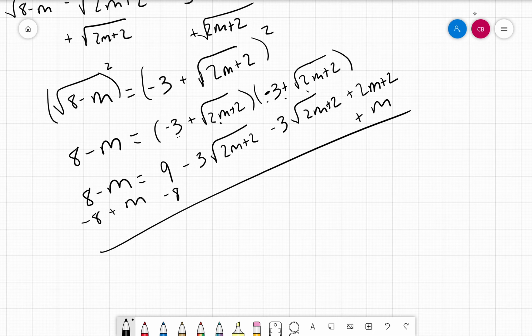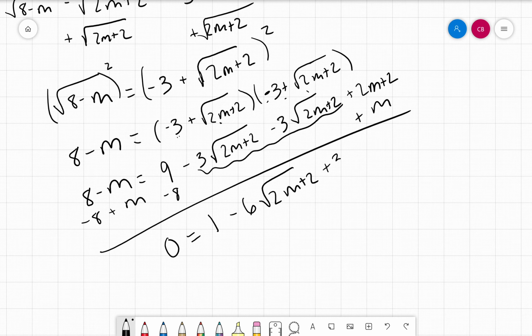This is now 0 is equal to 1 minus 6 square root of 2m plus 2. This minus 6 came from those two adding together to give us negative 6 times that. We have plus 3m, and then we have plus 2.